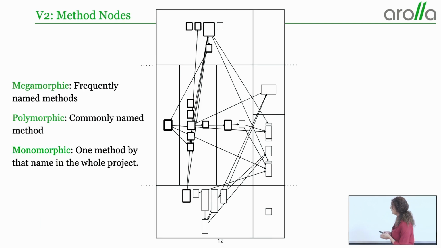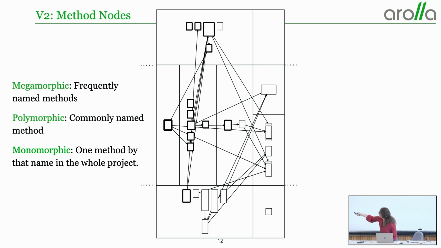Next, in the visualization, we chose to give the border of the node a semantic information, which is not very common in visualizations. So the semantic information we want to show here is whether a method is unique in the system, meaning that the method has only one name in the system, or a method is commonly used or frequently used. For instance, in Pharo, in a project, we can have several methods with the same name, like initialize.